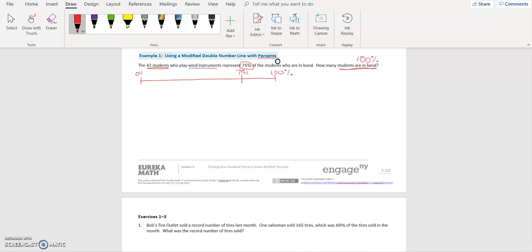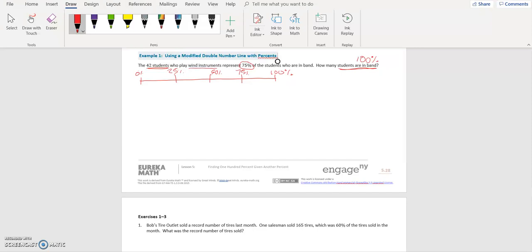And so this is where our multiples come into play. So if I look at my multiples, I see that the 75 is factors of 25, and that there were 4 of them. So if I break this line into 25% pieces, this would be 50, this would be 25. Okay.